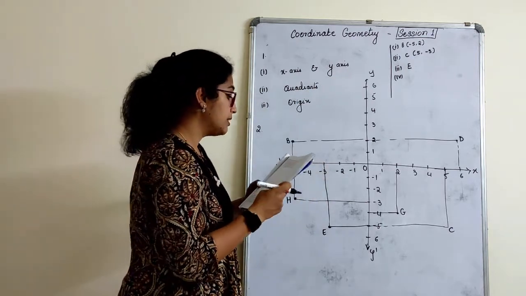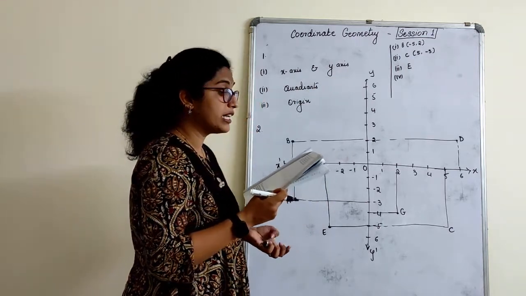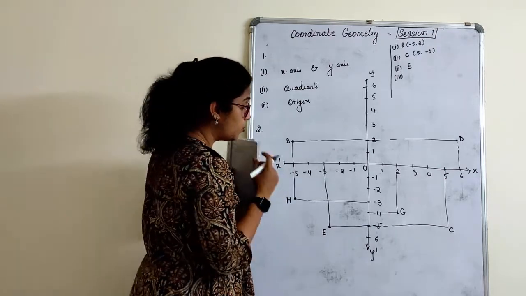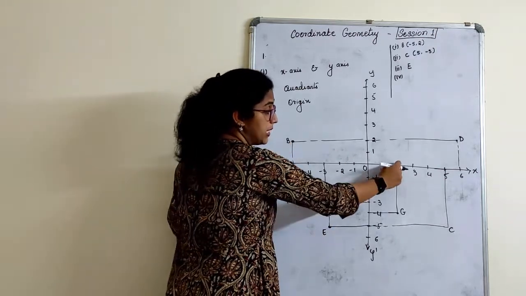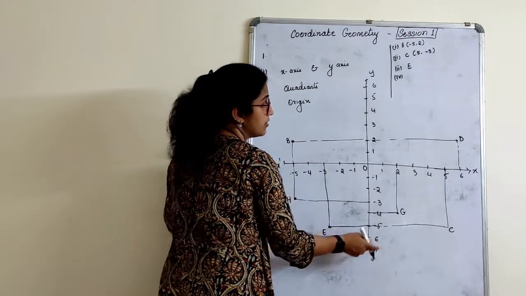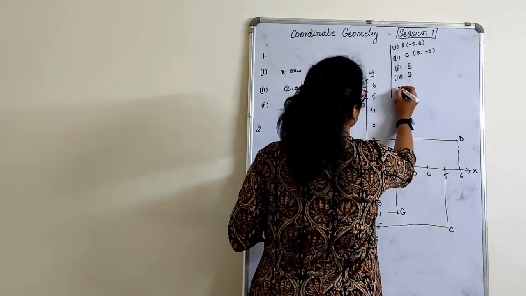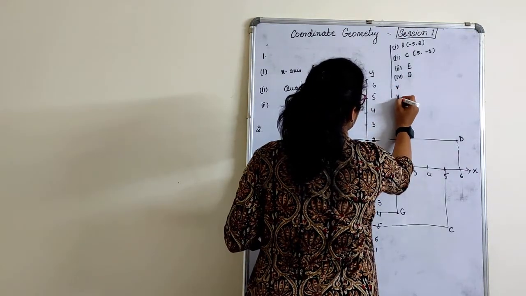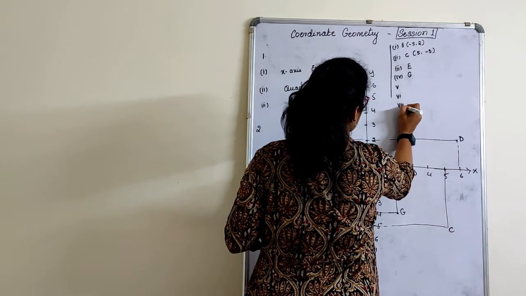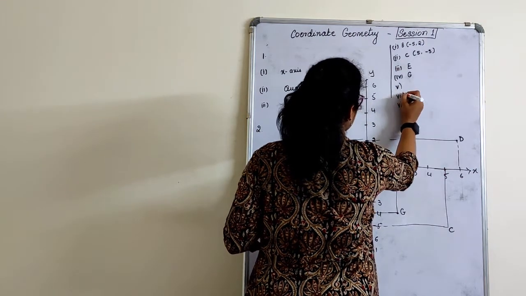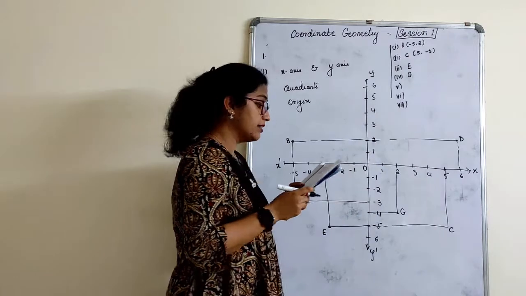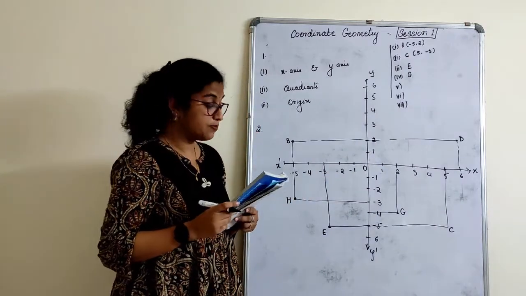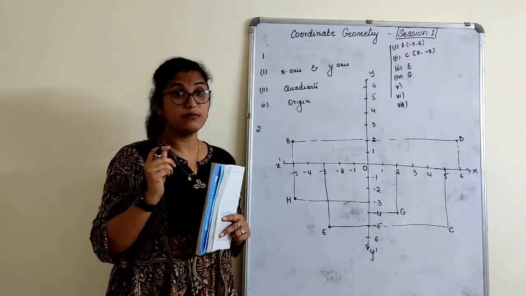Next, the point identified by the coordinates 2 comma minus 4. Where is 2? 2 is plus, comma minus 4 is here, G. So 5th, 6th, 7th. Fifth one, the abscissa of point D. Abscissa is what?